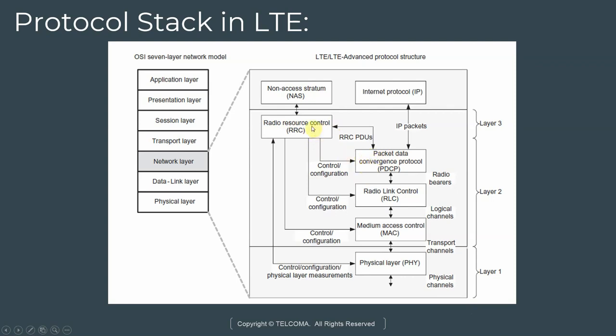So you can see RRC PDUs are passed on to the PDCP, and the PDCP encapsulates them and transmits them. But there's a lot of tight coordination happening between each of these layers. So this picture just wants to give you an idea of how the different layers interact with each other.